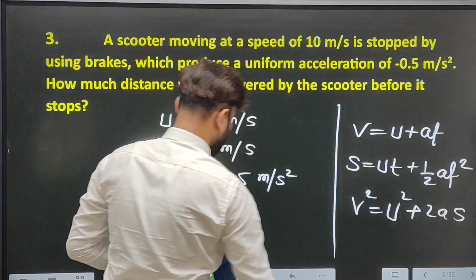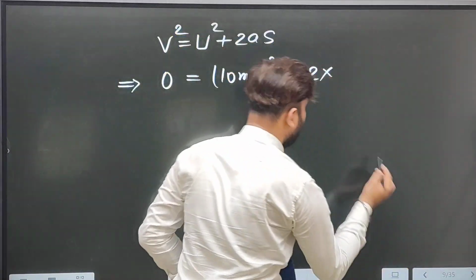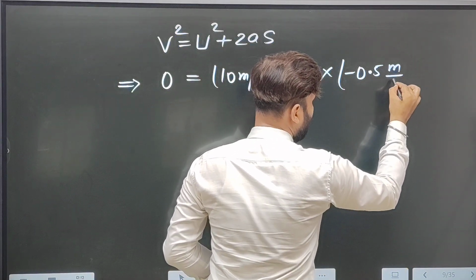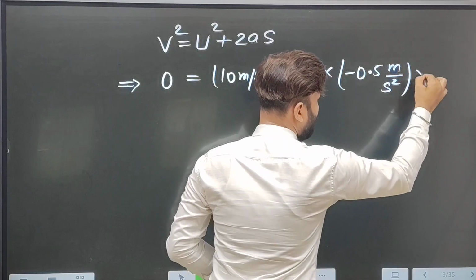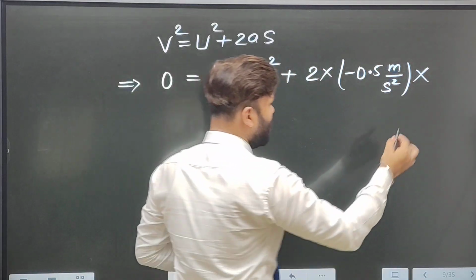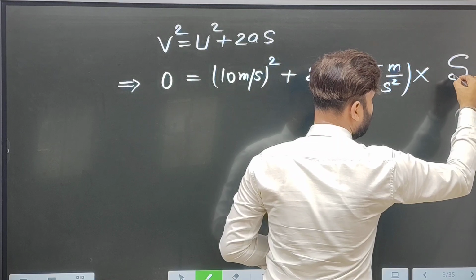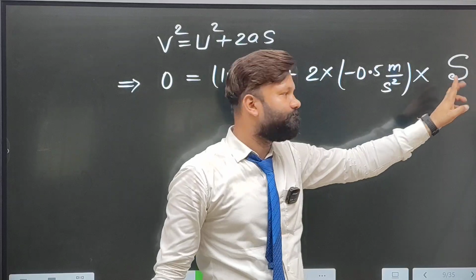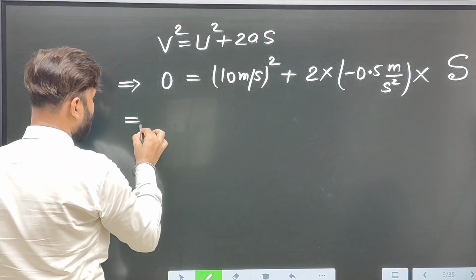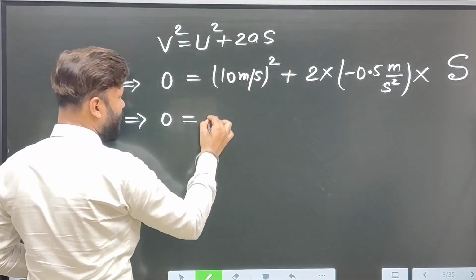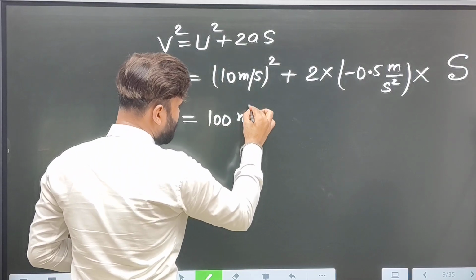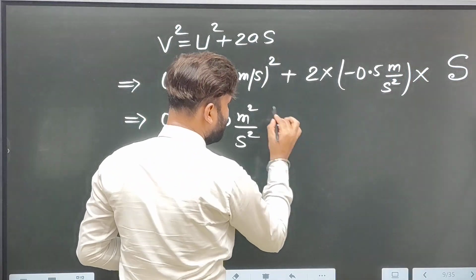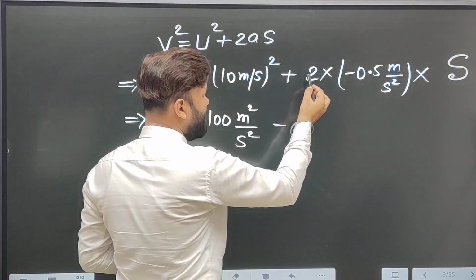So acceleration is how much? Minus 0.5 meter per second square, multiply by the distance we have to calculate. It is distance, students, not second. So 0 equals 10 square, which is 100 meter square per second square, minus 0.5 multiply with 2.